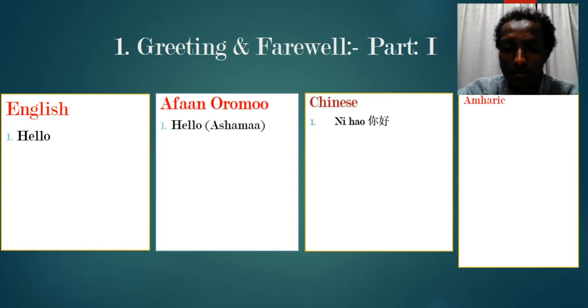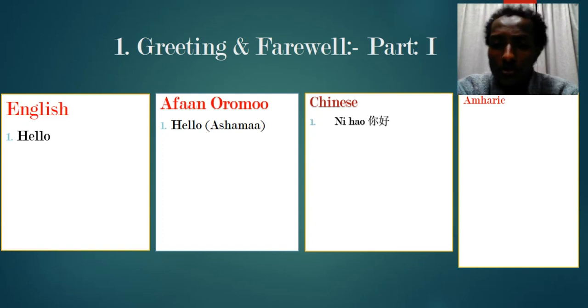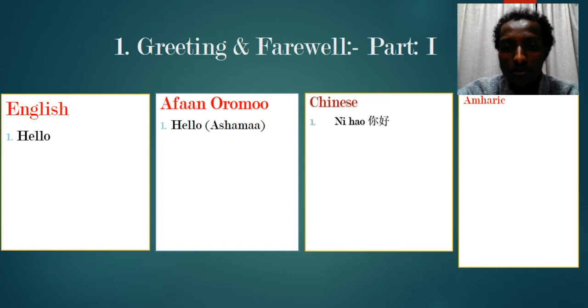Here in the character ni hao, both of them contain the third tone. When you speak with people, you can use it like this, ni hao, ni hao.